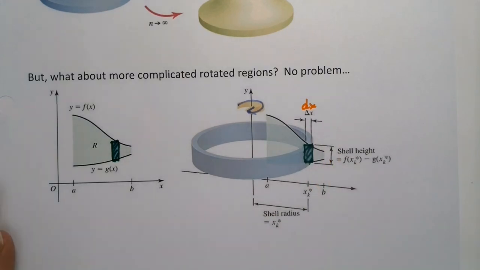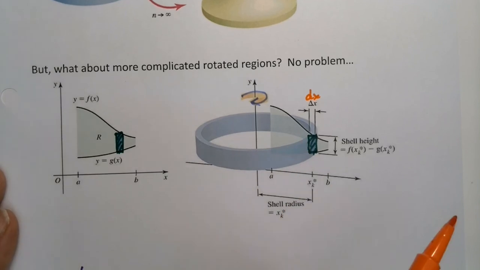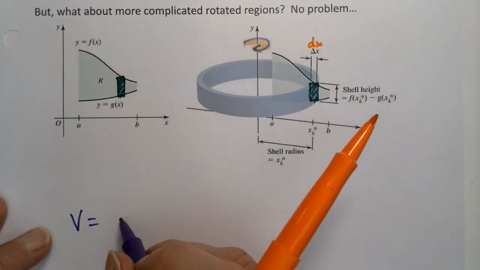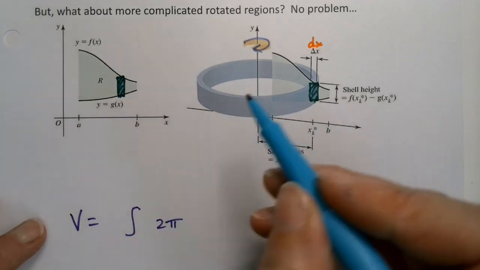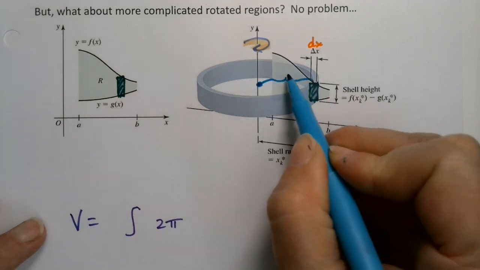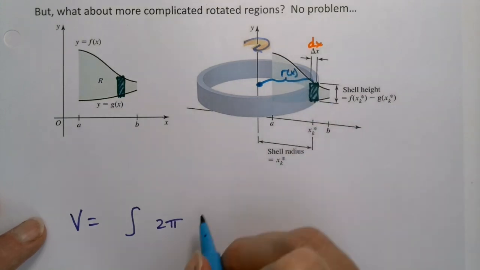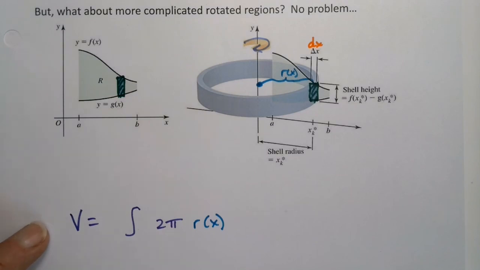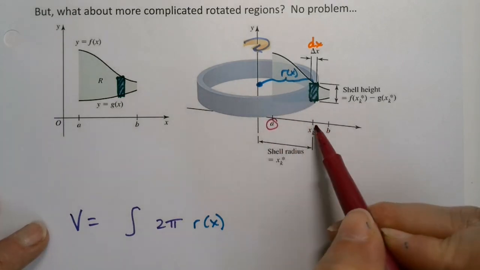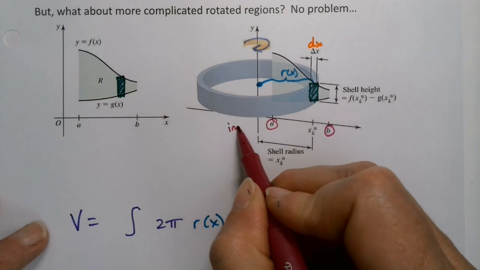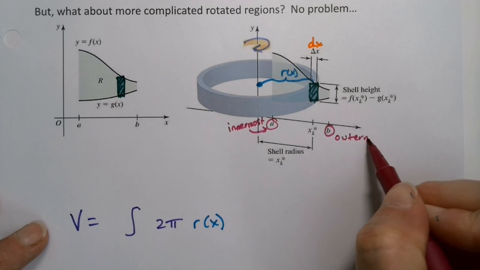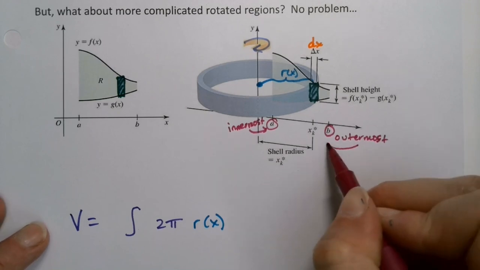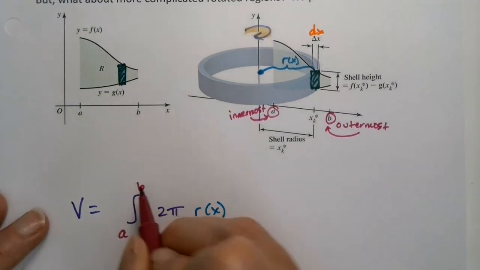So the volume would be equal to the integral of 2 pi, and it's still going to be r of x because that's still this distance right here, the radius. We're still going to have an innermost shell at a and an outermost shell at b. So we're still going to go from a to b.